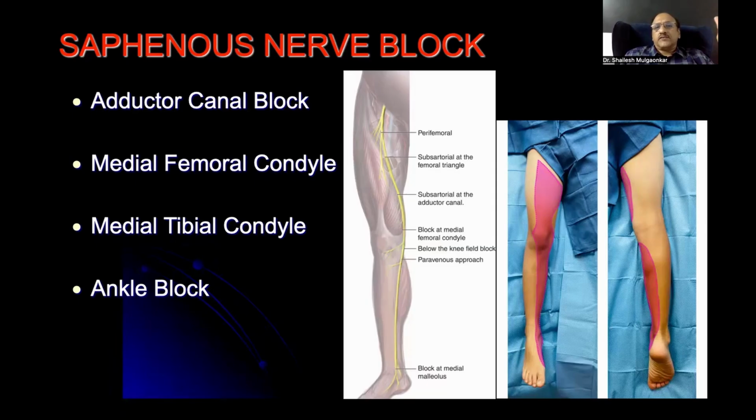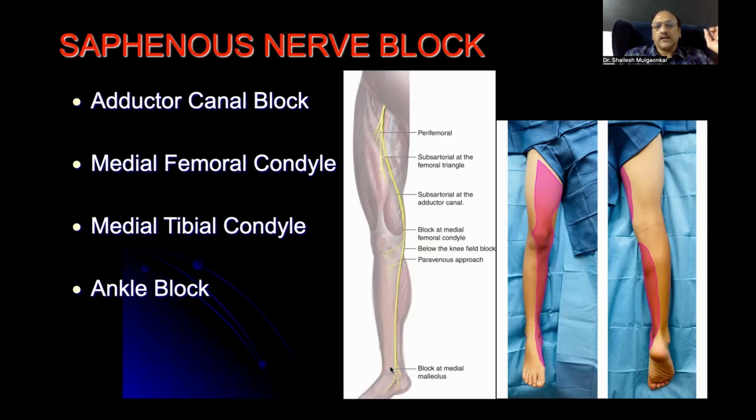Now let us come to the saphenous nerve block. So if the femoral nerve comes down into the adductor canal, here you can give an adductor canal block, especially for knee replacement surgeries. You can also just infiltrate the medial femoral condyle as an accessory block to the popliteal sciatic nerve for any surgery below the knee, or even infiltration around the medial tibial condyle.